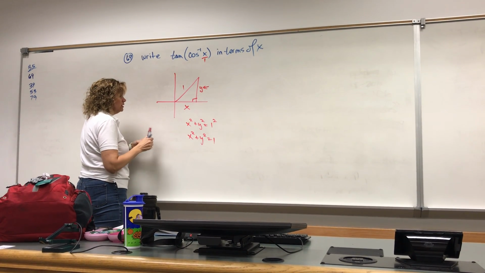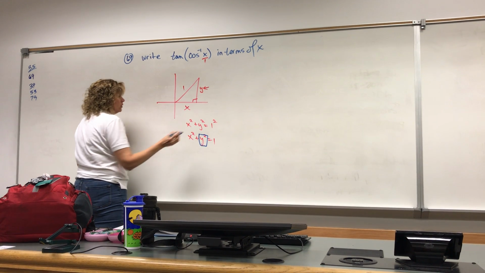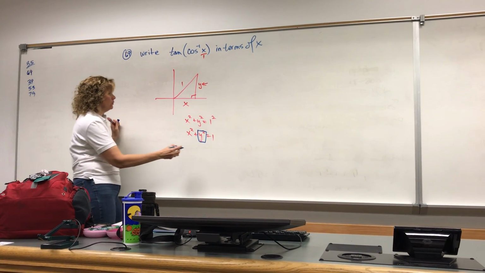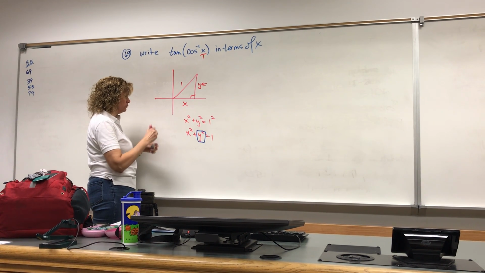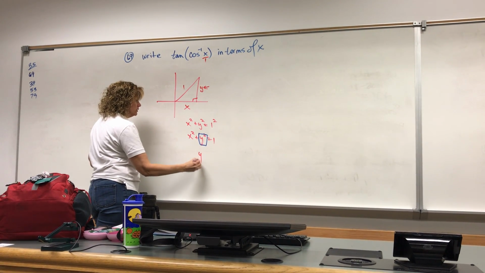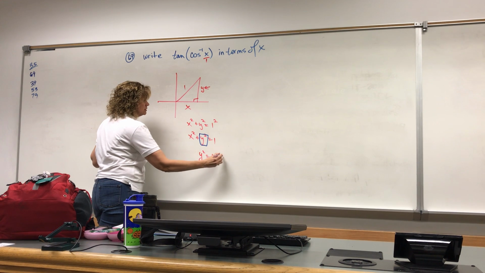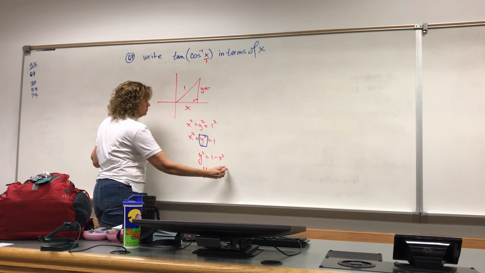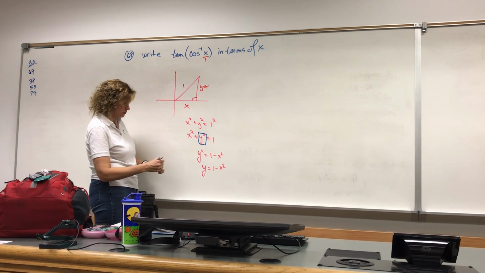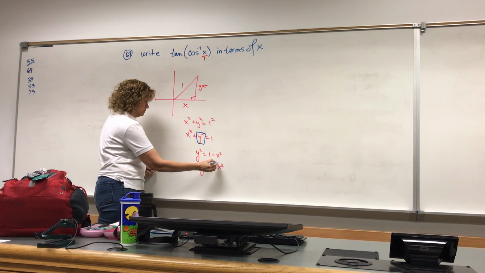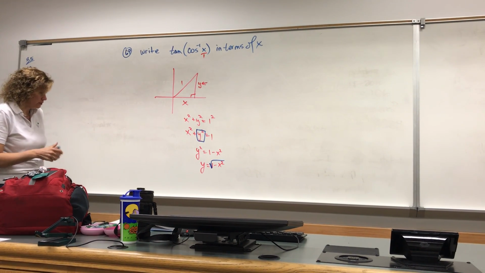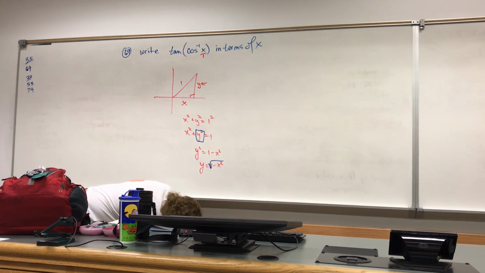So again, we want an expression for y in terms of x. If we bring our x squared to the other side, y squared is 1 minus x squared. Oh, whoops, square root. If we're in the first quadrant, then it's going to be the positive square root.